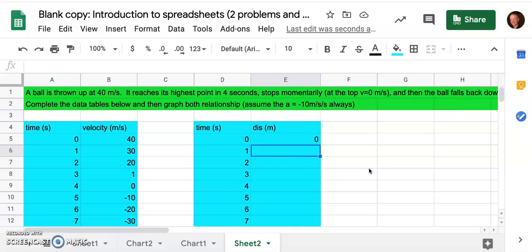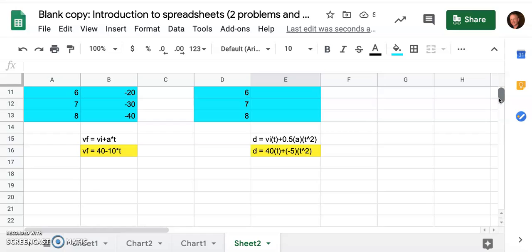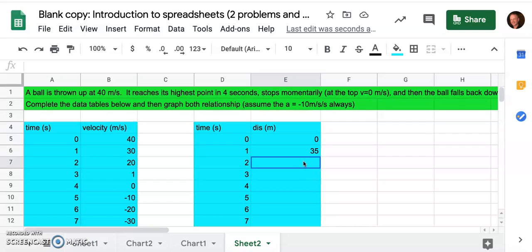And what you should find out is that once you toss this object up into the air, after 1 second, it travels about 35 meters. That's 40 plus negative 5. After 2 seconds of time, that's 80 plus negative 20.